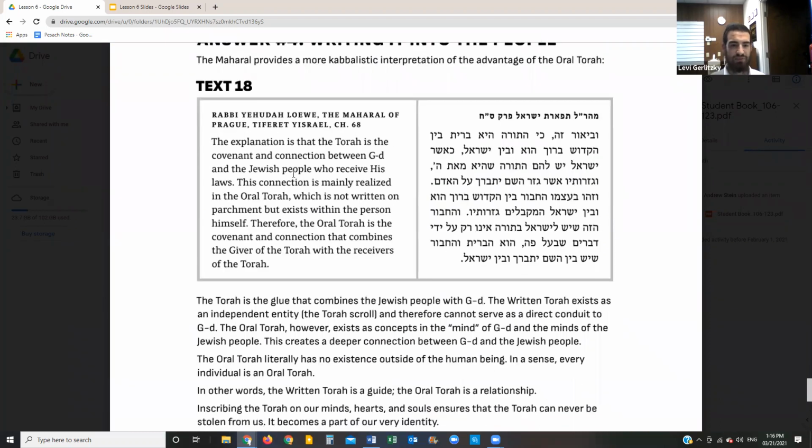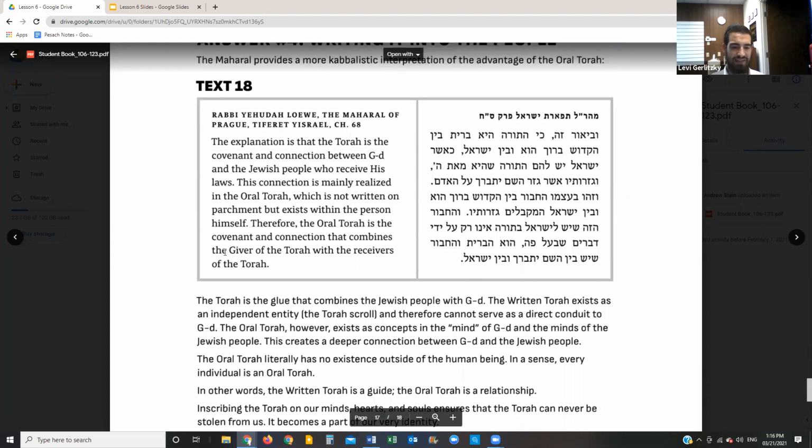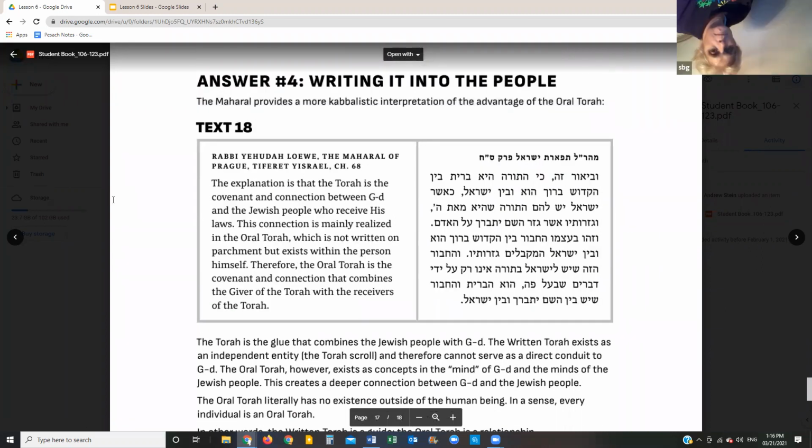Sheila, if you'd like to read from the Maharal and then text number 18. The Maharal provides a more Kabbalistic interpretation of the advantage of the oral Torah. Rabbi Yehuda Low, the Maharal of Prague, Tiferet Israel: The explanation is that the Torah is the covenant and connection between God and the Jewish people who receive his laws.